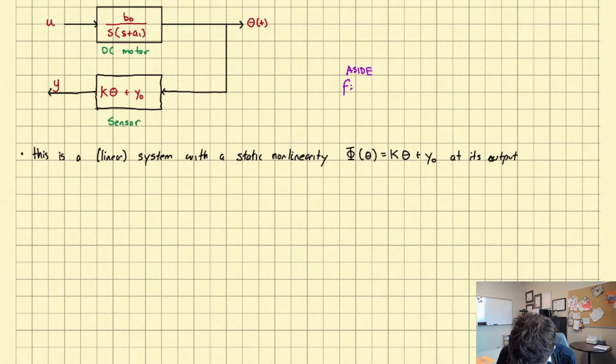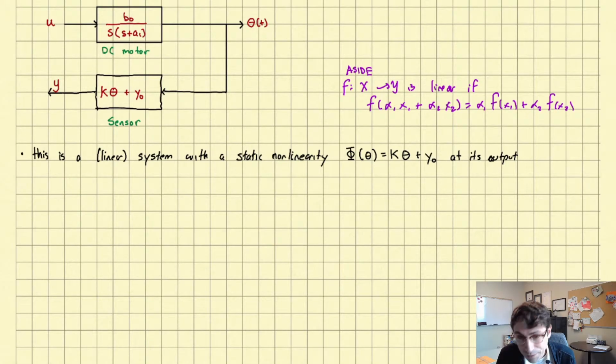Aside: f from x to y is linear if it satisfies the definition of linearity, superposition. Okay?